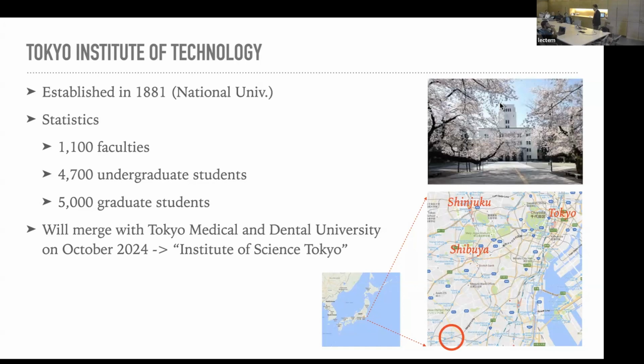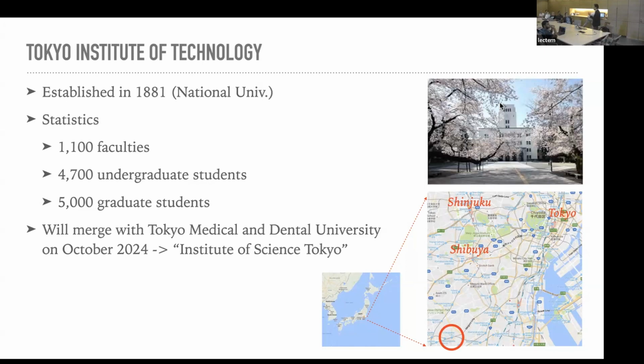they insisted on using Institute and Tokyo. We do not have a choice because there are plenty of universities in Tokyo, maybe 100 or so. But anyway, our university is just 20 minutes from Shinjuku Station or Tokyo Station.